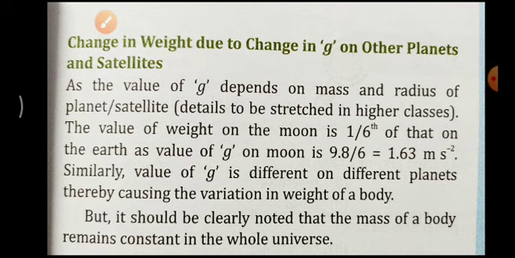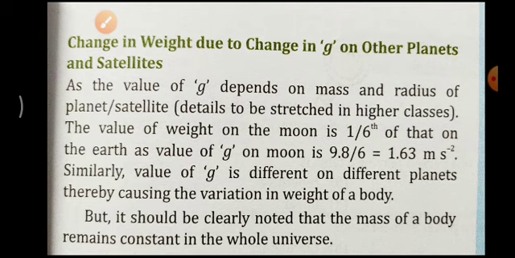Okay, so the weight on the moon is 1/6 of that on the earth, as the value of g on the moon is 9.8 divided by 6, equal to 1.63 meter per second square, but on the earth surface it is 9.8 meter per second square.